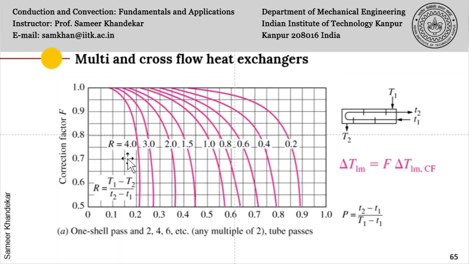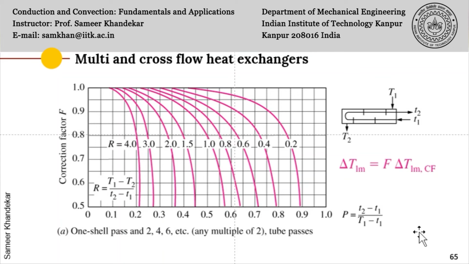The definition of R is also given on the chart itself, and it is also a temperature ratio of the four temperatures which are known to you. So you know P, you know R, then you can get the value of F, and you can see the value of F ranges from 0 to 1.0. Typically the graph is truncated from 0.5 to 1, because below this it will in any case be a bad heat exchanger, which is not desirable.